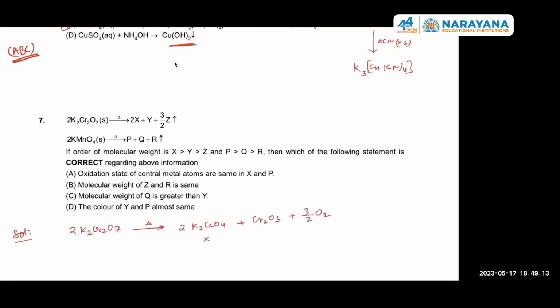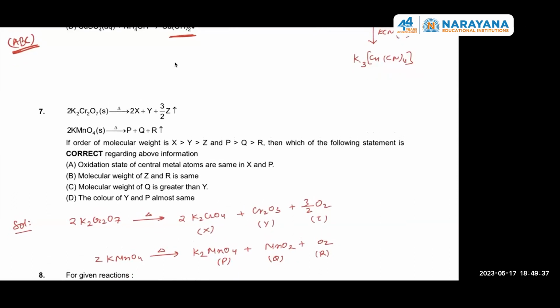So by that we will get X, Y, and Z. In case of KMnO4, 2KMnO4 will give us K2MnO4, MnO2, and O2. Okay, P plus Q plus R. So we have identified them as X, Y, Z and P, Q, R. These Z and R are the gases. Okay. So now it will be easier to solve the question.